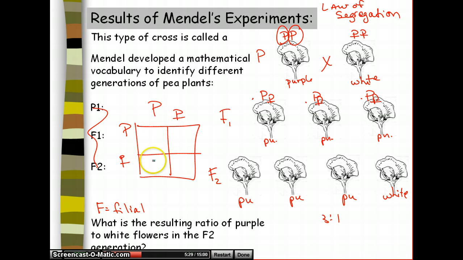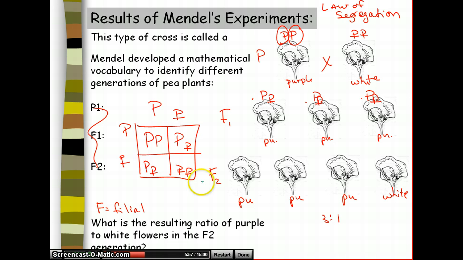When the alleles from the parents separate, that's the law of segregation. So that one goes into that box. Remember, these boxes are your potential offspring. And these move down to there. This parent moves over, big P, little p, little p. Just so we're consistent, you always write the big P first.